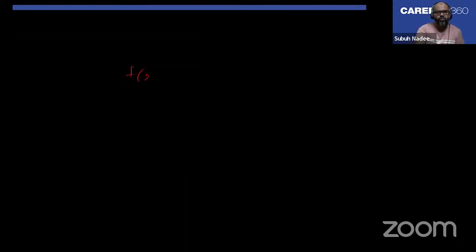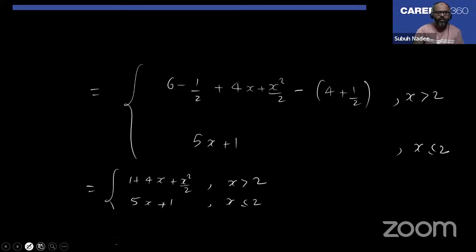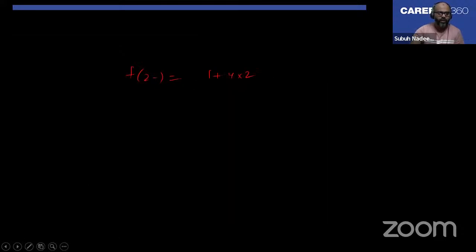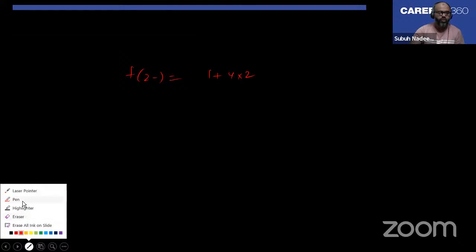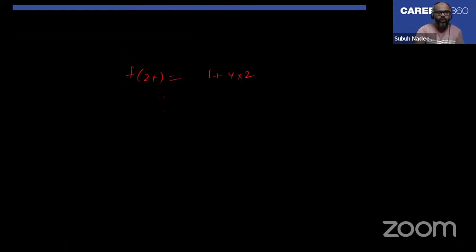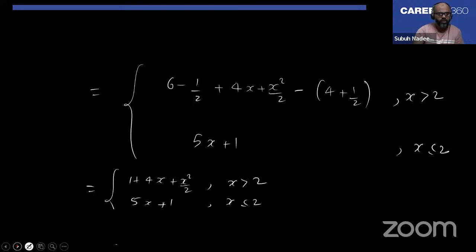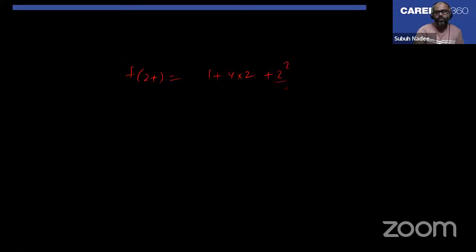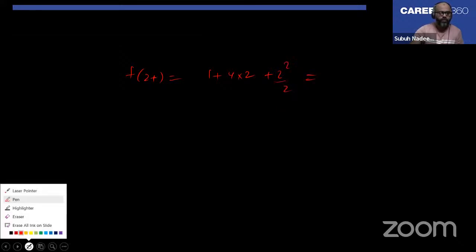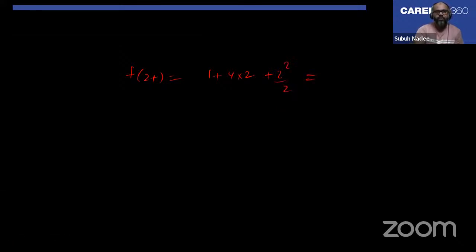So f of 2 plus, since x is greater than 2, will be 1 plus 4 into 2 plus 2 square by 2. This will come out to be 1 plus 8, 9, 9 plus 4 by 2 is 2, 11.